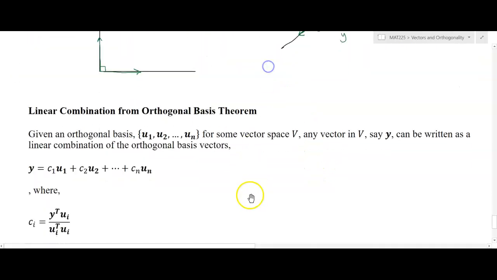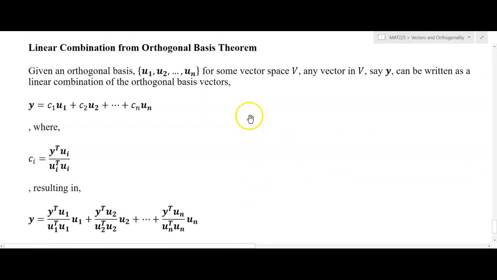Let's see why orthogonality is actually a super useful thing to have. If you have an orthogonal basis for a space, u1 all the way up to un, and you want to write some vector as a linear combination of them, you have n orthogonal vectors in n dimensions.